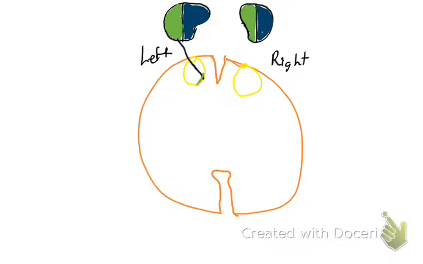And then it's going to come to the optic nerve, and cross here on the midline in the optic chiasm. And then it's going to continue to the right side, coming from the lateral left to the right side.